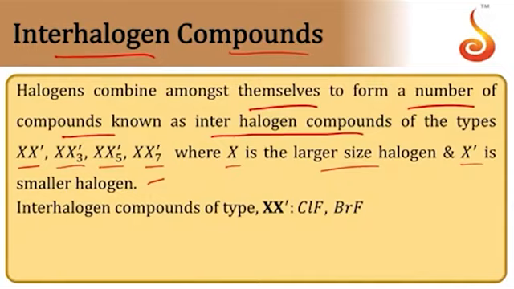Suppose we take the first category, ClF, BrF. ClF will have something like a Cl2 structure, chlorine and then fluorine, with non-bonding pairs. This is the structure of ClF.